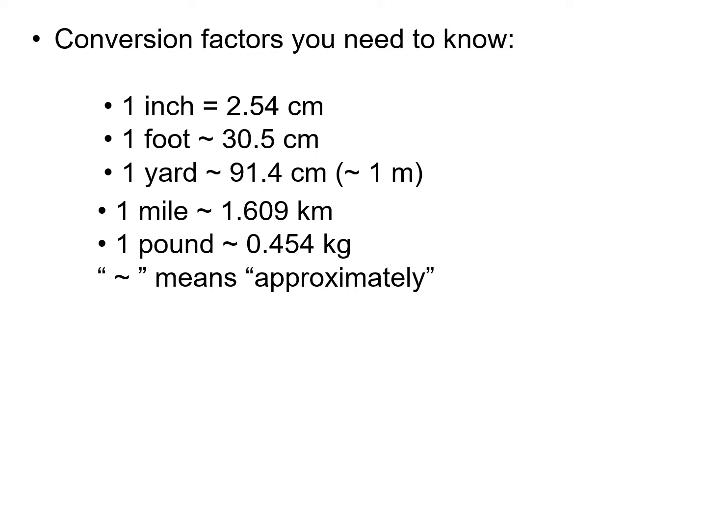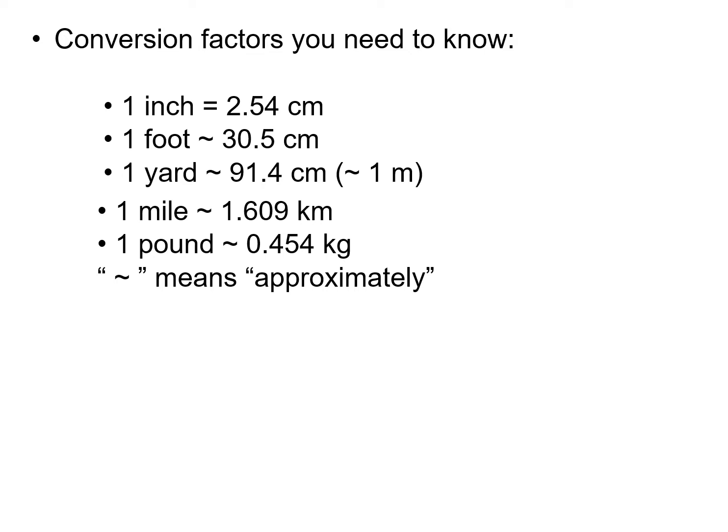This is very easy to do. How many inches are in a foot? There are 12 inches in a foot. If you multiply 2.54 times 12, you'd get 30.5. In a yard, there's 91.4 centimeters.